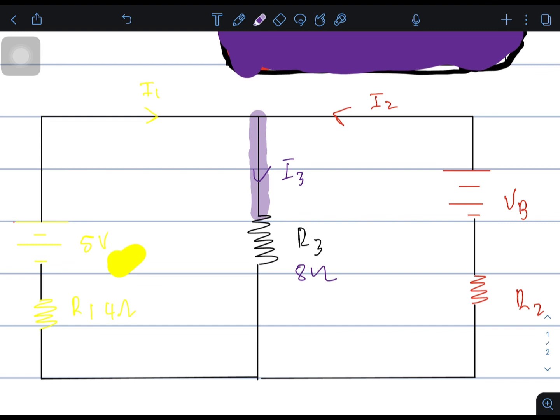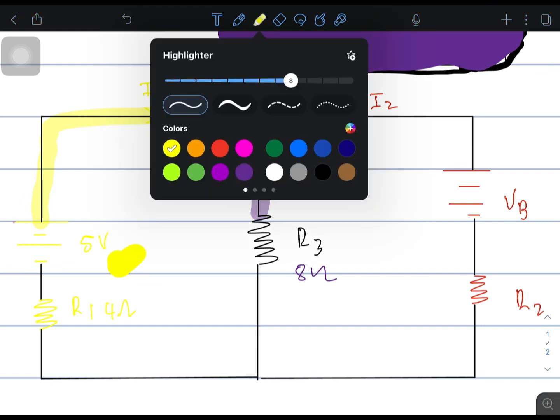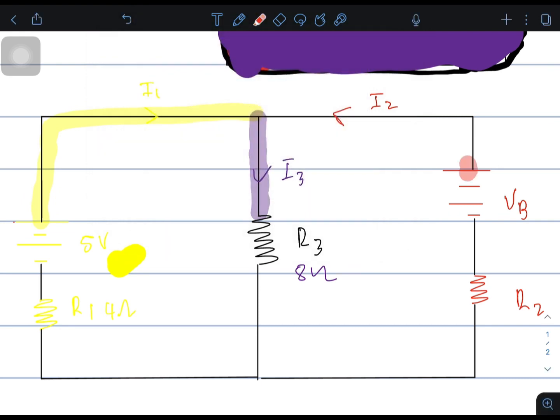For example, I1 is coming from this source and contributes. Then I2 is coming from this source and contributes to the current in this branch.